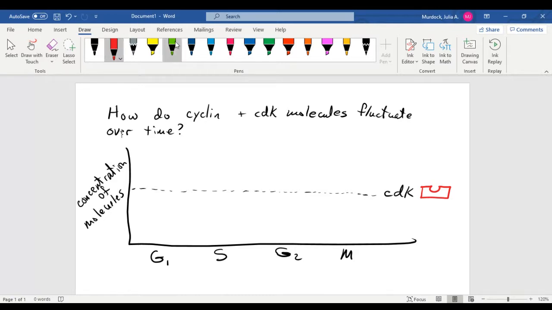So now if I talk about, for example, the cyclin that's responsible for getting the cell into S phase, it would look something like this, and then go down to nothing again.